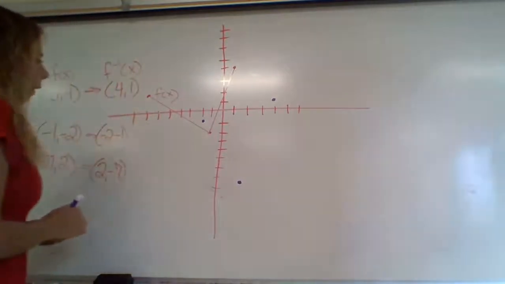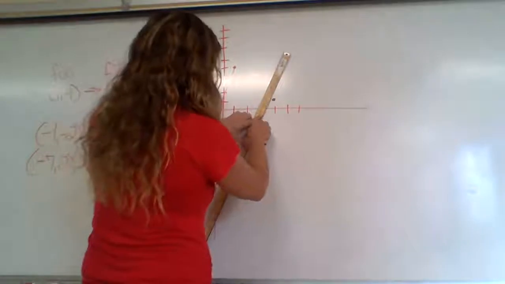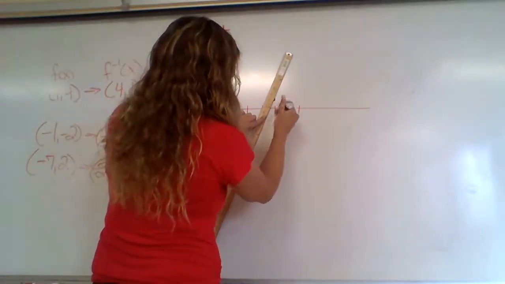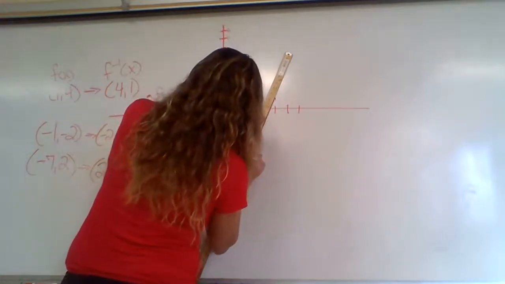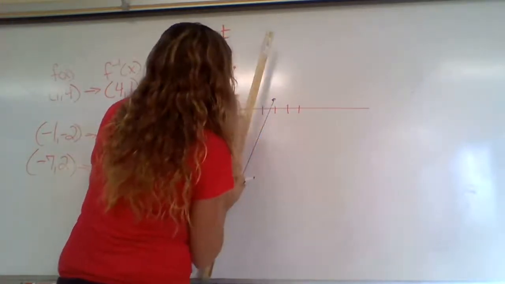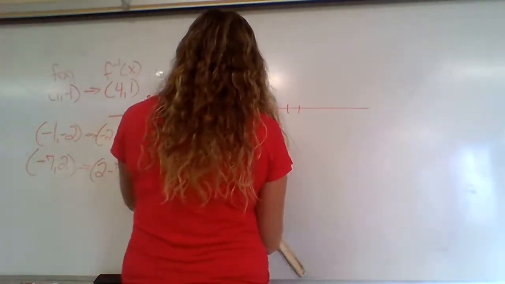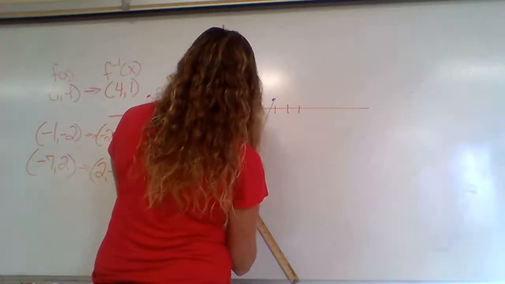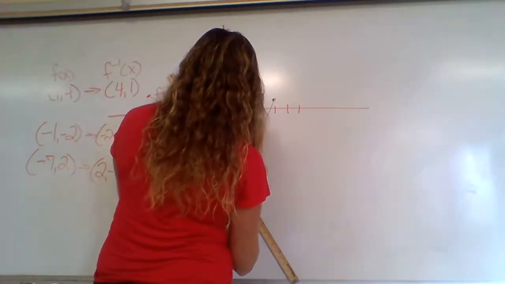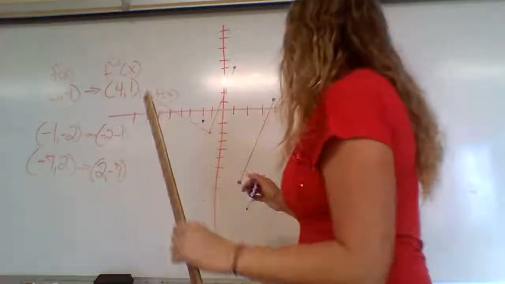Okay, and then you're just going to go ahead and connect them. And we go from there to there. They shouldn't intersect. Oh, it almost does. It shouldn't quite, this is why my graph isn't super accurate.